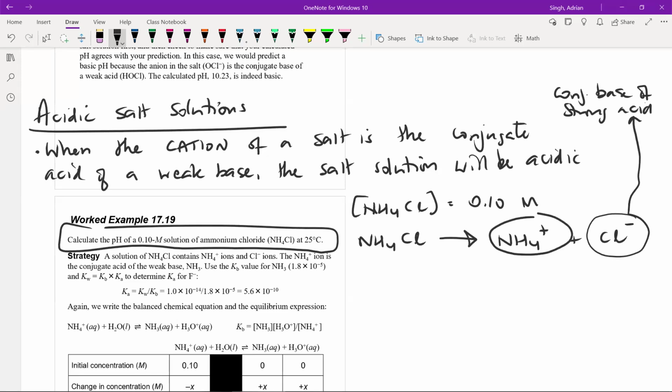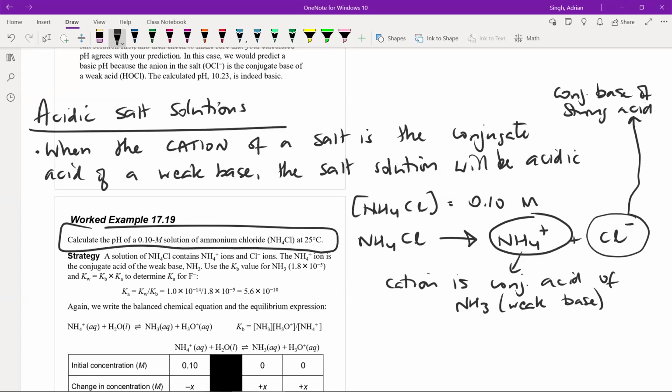However, we do have the cation, the ammonium ion. If we take away an H plus, we get the conjugate base NH3, ammonia. NH3 is a weak base, so the conjugate acid of a weak base is actually a strong acid in comparison.